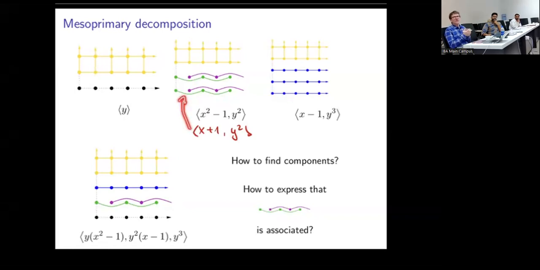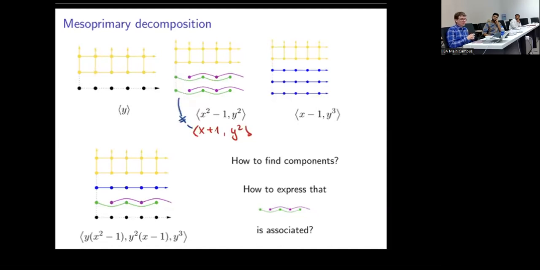So in mesoprimary decomposition, we do not do primary decomposition, but we prefer to stay close to the combinatorics. So this original ideal told us there's some combinatorics of index 2 going on. Our choice is to stay honest to the combinatorics, rather than doing a primary decomposition.